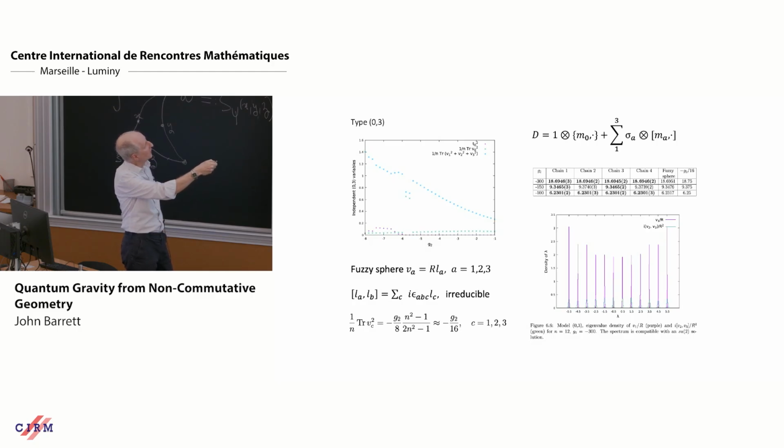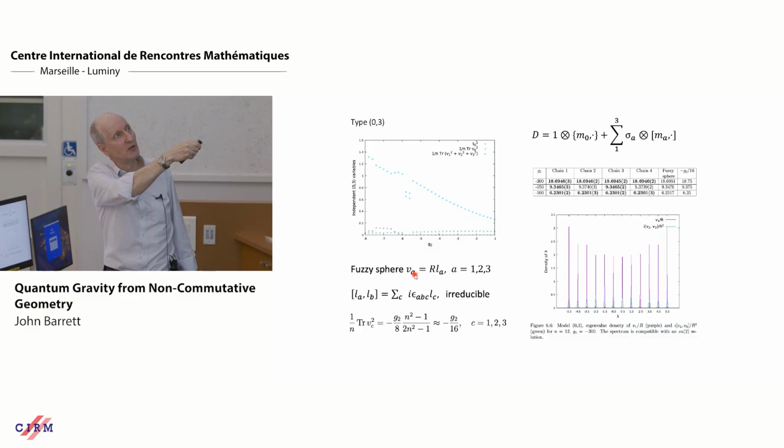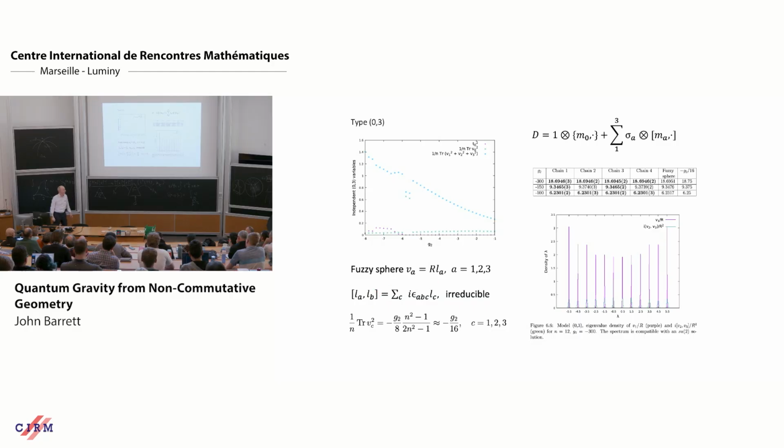But anyway, if this is a phase transition here, and you look way past it, what you find is that everything is dominated by the traceless parts of the matrices. And if you rescale them with some parameter, they approximately obey the commutation relations of SU2.